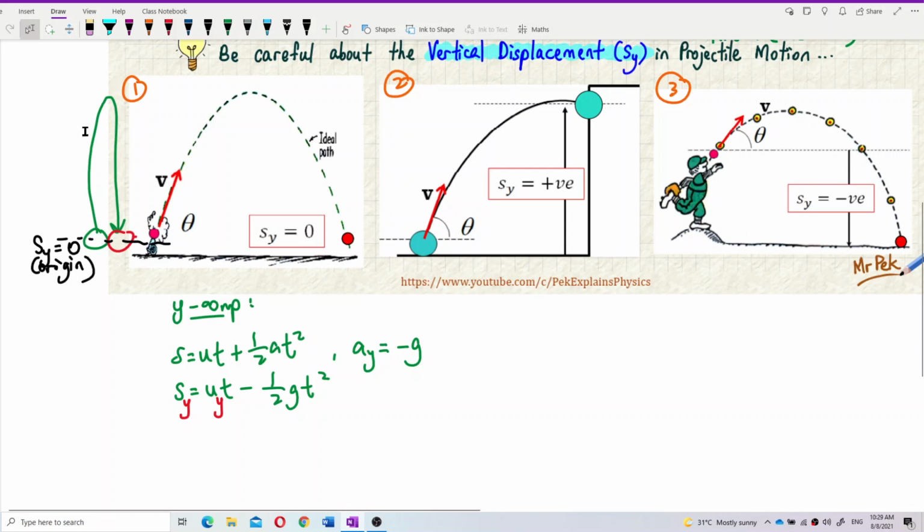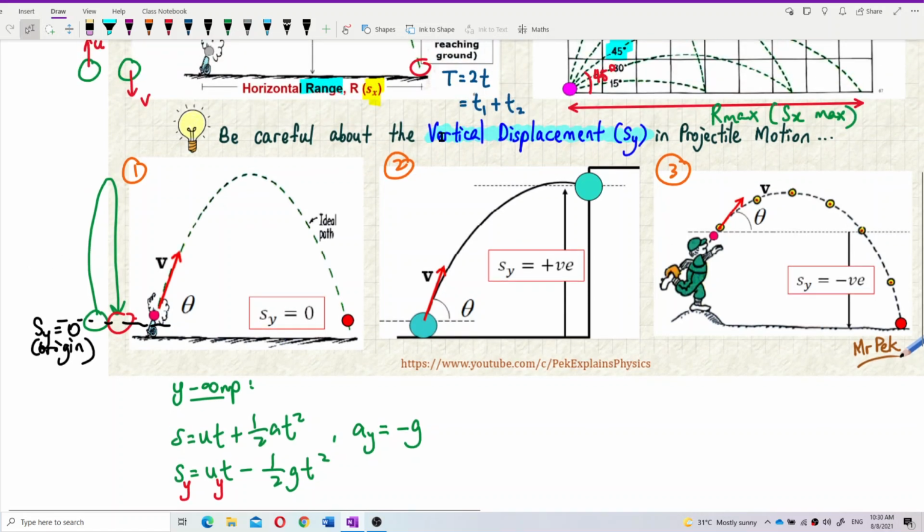So when the ball goes up and goes back down to the same level, it has returned to the origin. So the vertical displacement Sy is 0, because the y component is a free fall motion that returned to the same level, the ground.